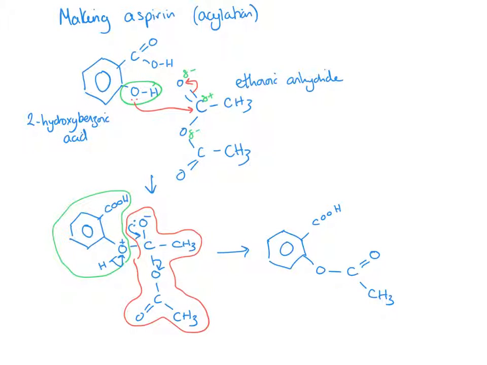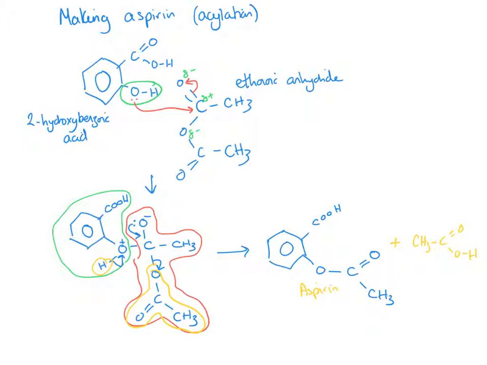So the things that have left are this group down here and this hydrogen. So with all of the other acid anhydride reactions, the other product we got was the carboxylic acid, so that should be the case here. And it is. We've got ethanoic acid as well at the end. And this is aspirin.